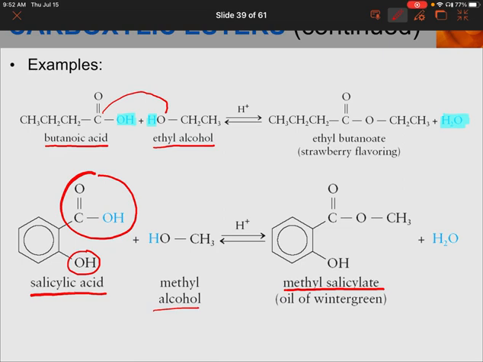So wintergreen gum, toothpaste, really anything that has that wintergreen scent or flavoring, it contains methyl salicylate. So esters are pretty cool in that way, in that they are so fragrant and sometimes they have good flavors as well. Although I know some people really hate wintergreen, so.